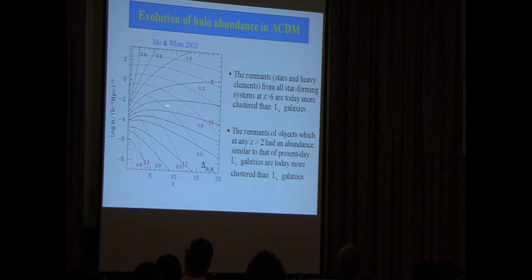Here's 1, which corresponds to bright galaxy clustering today. All these points, which correspond to moderately abundant objects at high redshift, are all far below that.